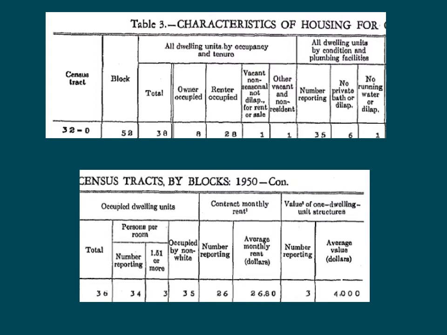Could that be right? The average monthly rent was $26.80, and the value of these dwellings, of one dwelling unit structure, the number reporting was 3, even though 8 had owner occupied. We'd have to see what that definition is, and the average value is $4,000.